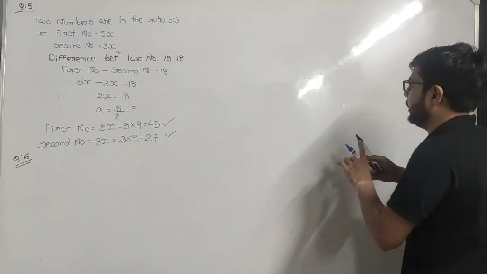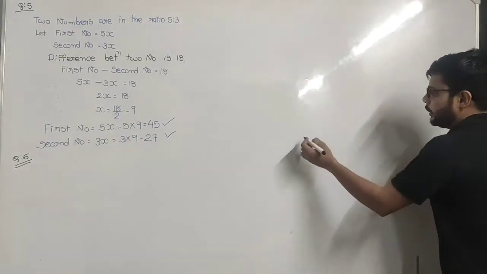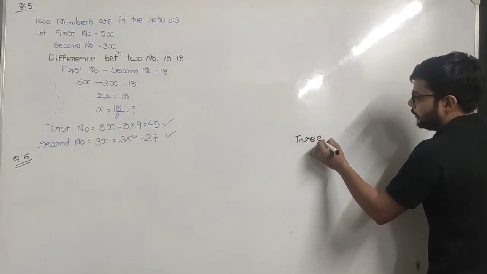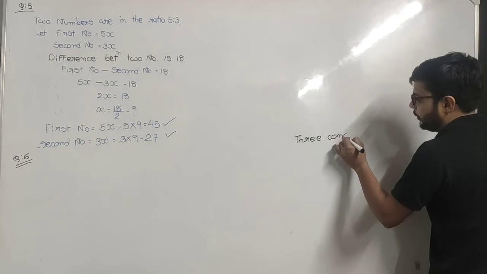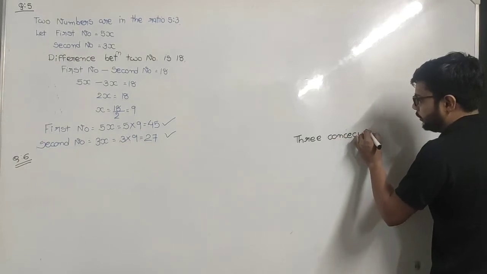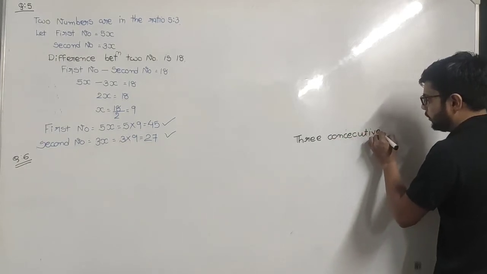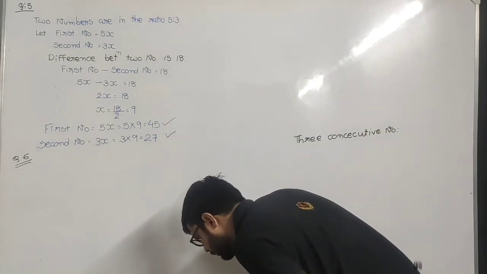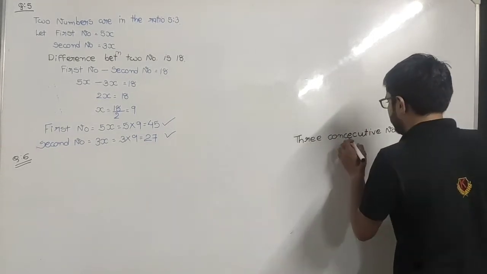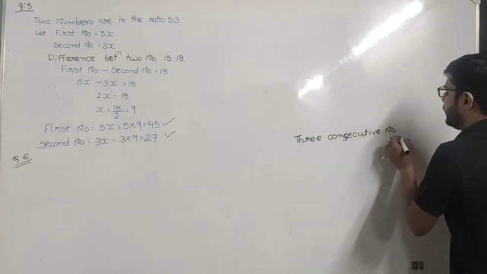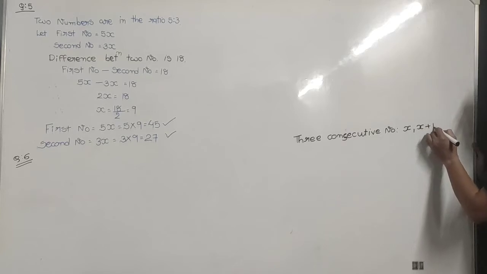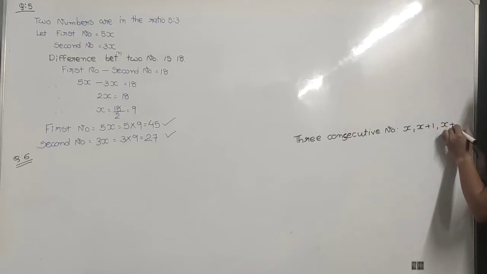मतलब if you have a series, this you have to remember: 3 consecutive numbers, then you have to assume here consecutive is there, this will be x plus 1 and x plus 2.